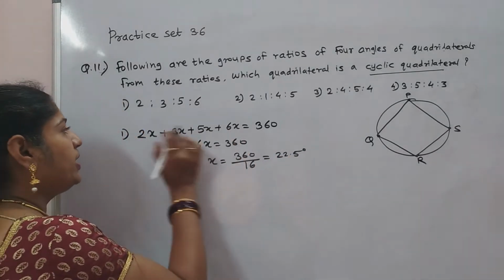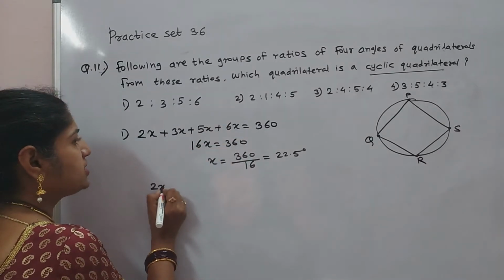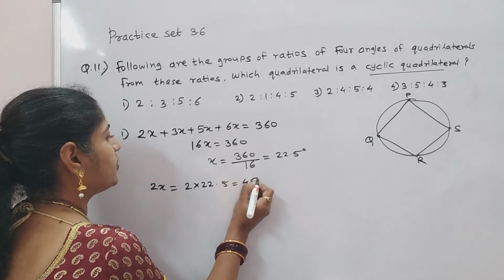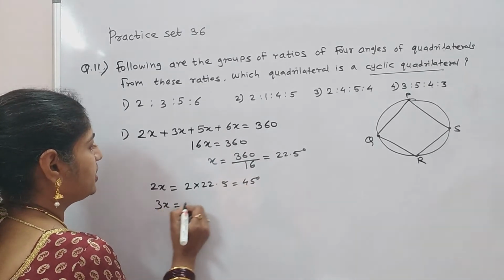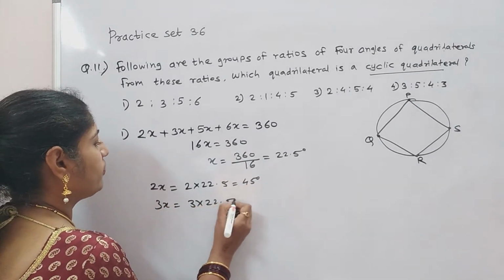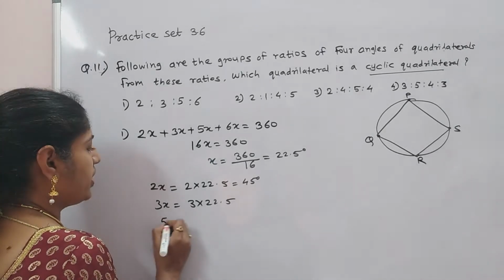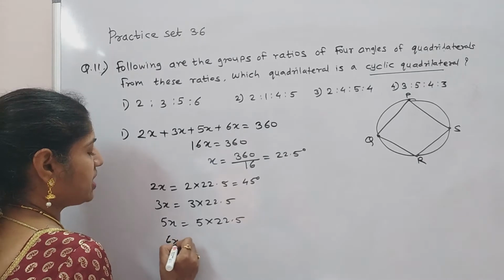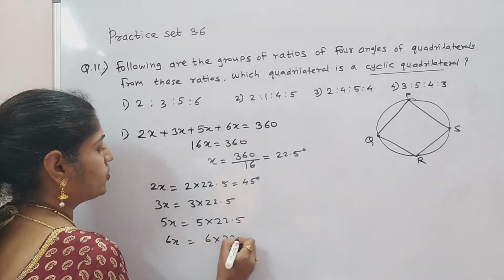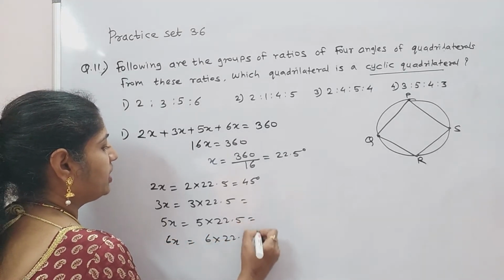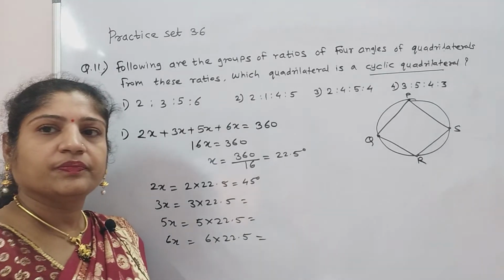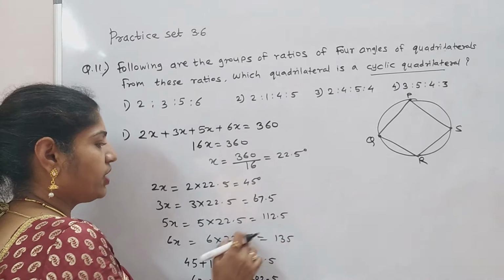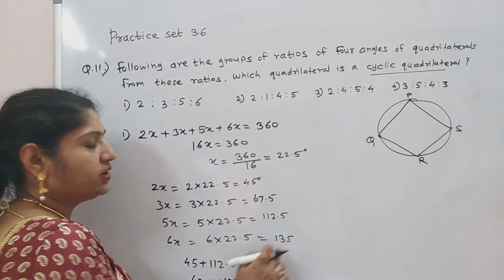Now find out all the angles. 2x equal to 2 into 22.5, that is 45. 3x, 3 into 22.5, 67.5. 5x, 5 into 22.5, 112.5. 6x, 6 into 22.5, 135.